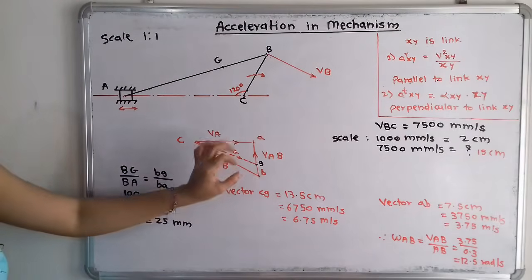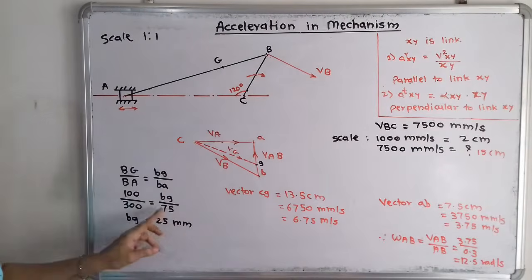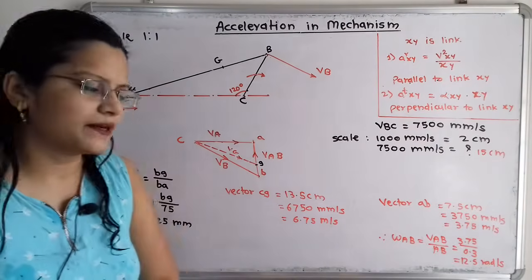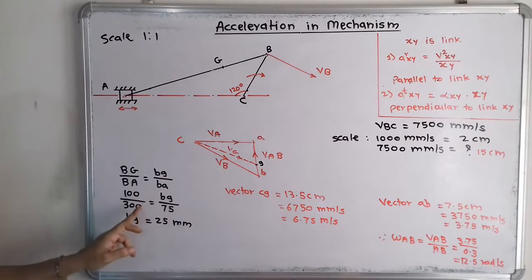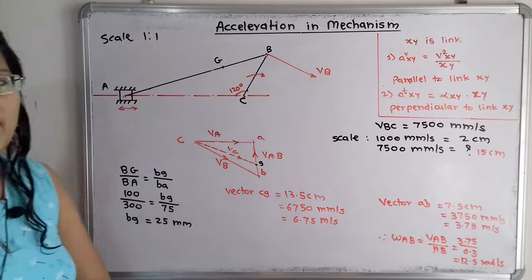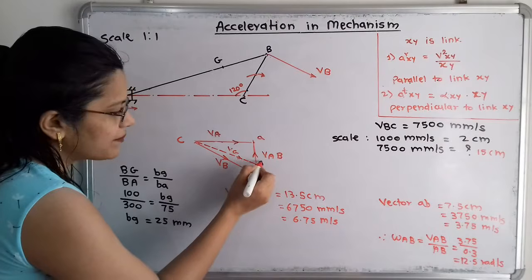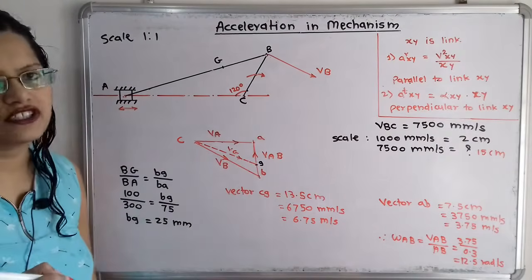So what is the whole distance BA? If we measure with the help of scale, that is equal to 75 mm. So we will put all the data, that is 100 by 300, which is equal to BG by 75. So what is this distance BG? That is equal to 25 millimeter. So from this point B at a distance of 25 millimeter, we have to plot here the point G.